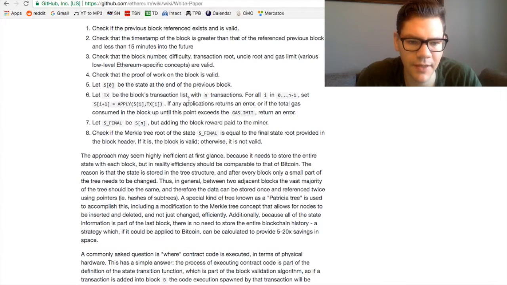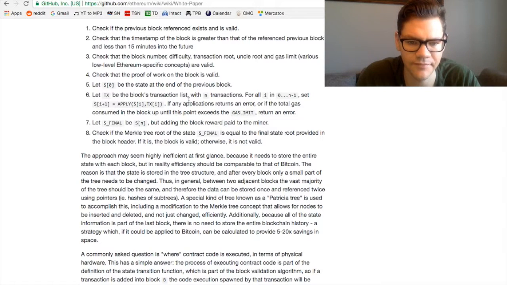The approach may seem highly inefficient at first glance because it needs to store the entire state with each block, but in reality, efficiency should be comparable to that of Bitcoin. The reason is that the state is stored in a tree structure, and after every block, only a small part of the tree needs to be changed.